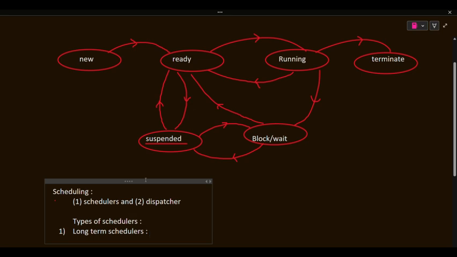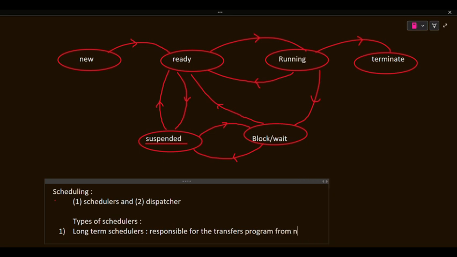It defines an order of schedule in which the processes should be transferred from the new state to the ready state one by one, that is, the transfer of programs from new state to ready state.